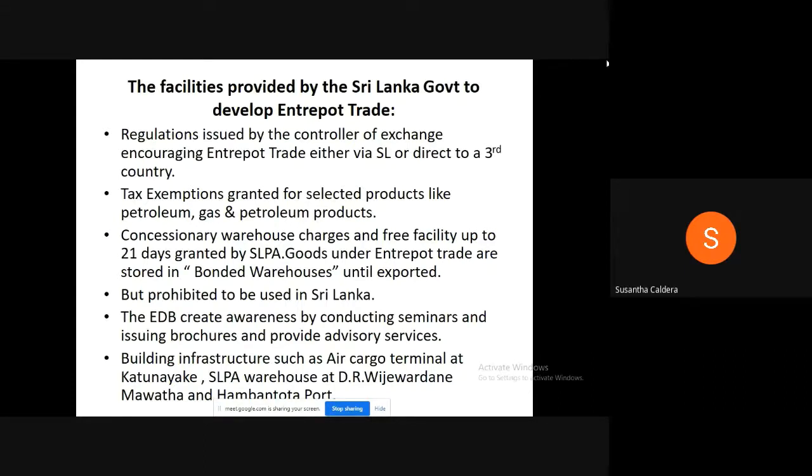So the German buyer will be having contacts with us. Only he is getting the stuff from China directly. He knows that, but he is happy because he knows that our Sri Lankan guy has put an agent there, and he's checking all these things. He does the quality control and everything, and then they load it and go direct to the destination. There is no value addition for us, but it can be done through entrepot trading, right?